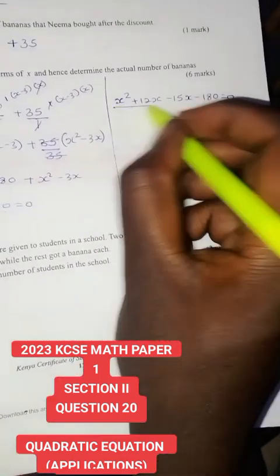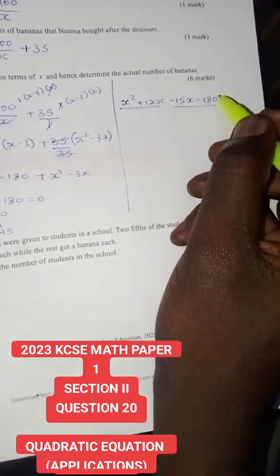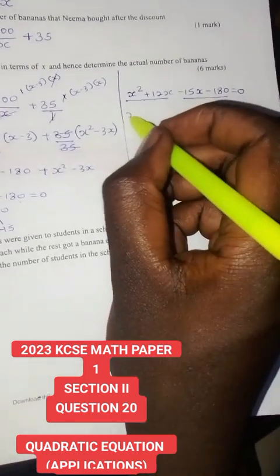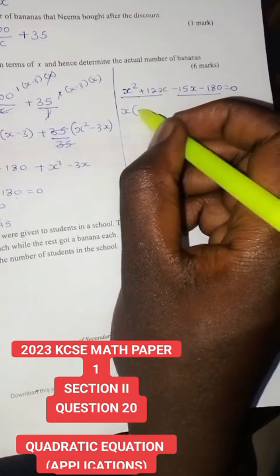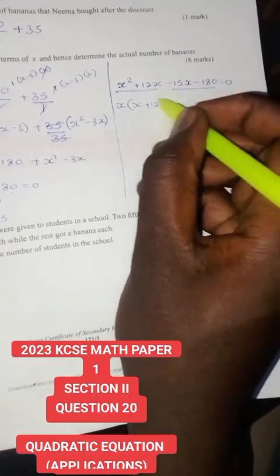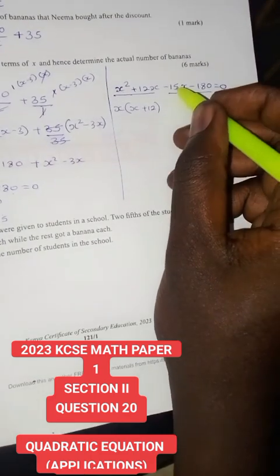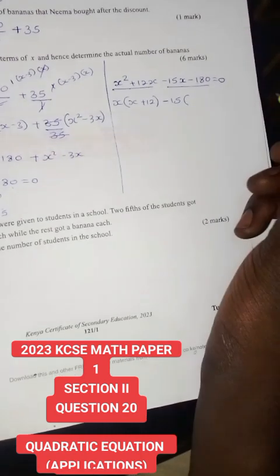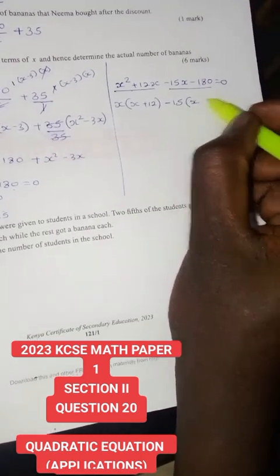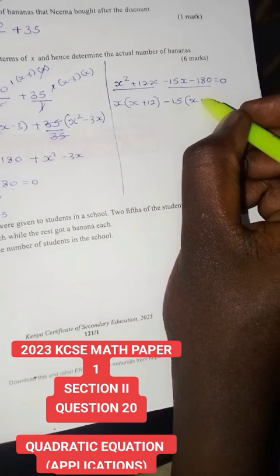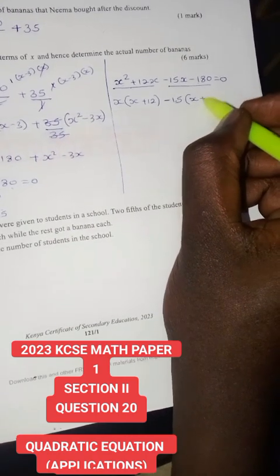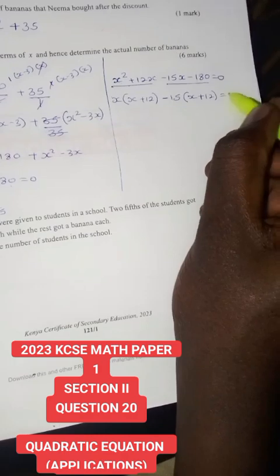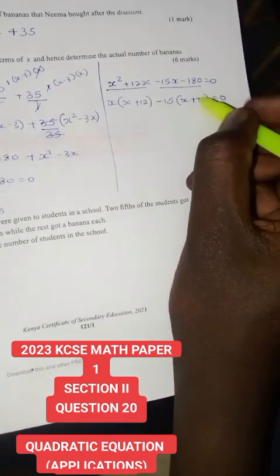To group this into two, I'm going to look at the factors. x is common here and here, so x goes here and here, 12 times. The same here, 15 will go here with x, and on this part being a positive 12 is equal to 0. The ones in the bracket have to be the same.